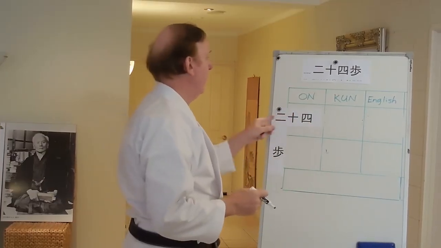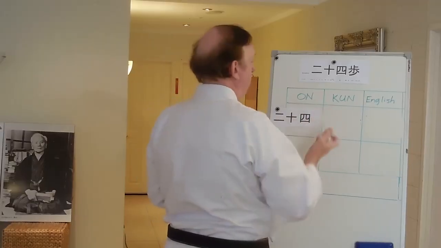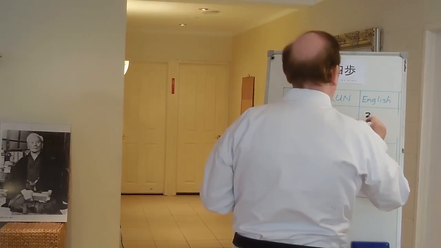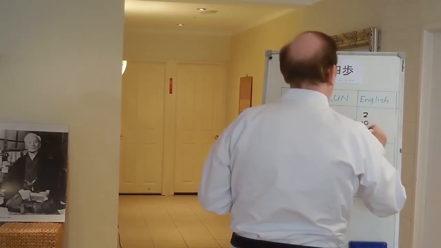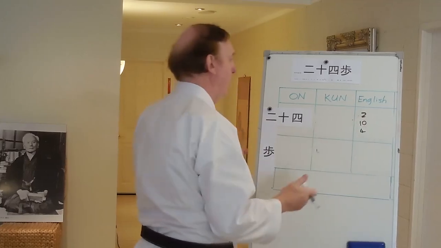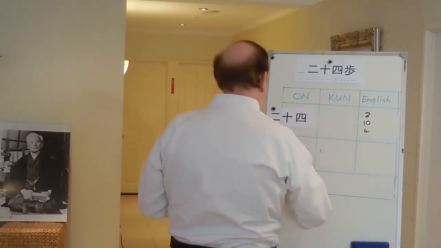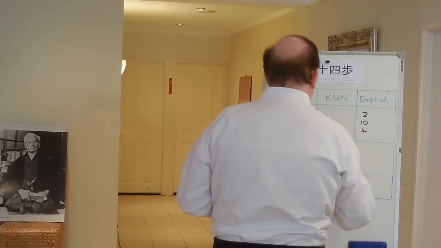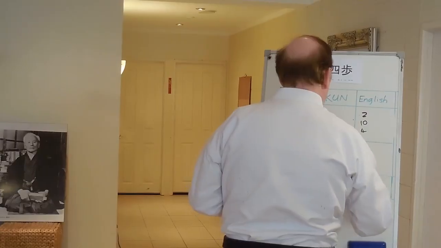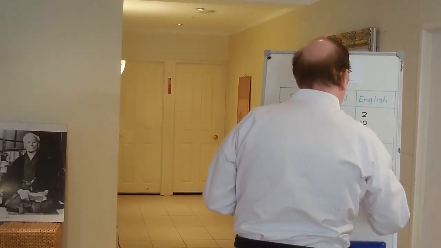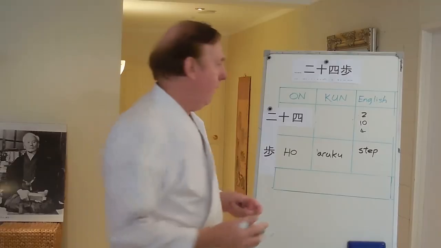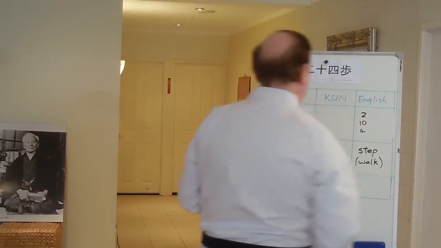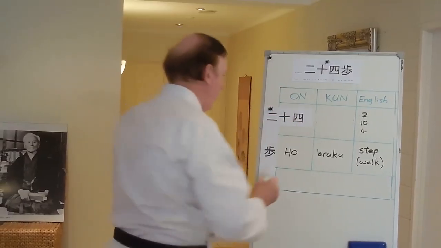They're the same in Japanese and Chinese, and just mean 2, 10 and 4, so 2 times 10, 24, and ho, which comes from aruku, which means step, with the idea of walking, so you can say walking step if you like. So, very simple, 24 steps.